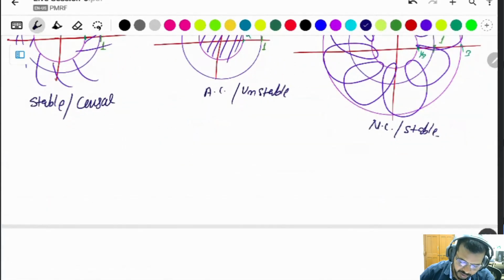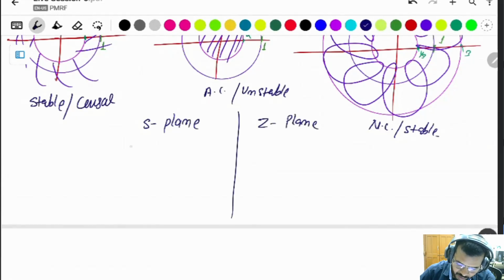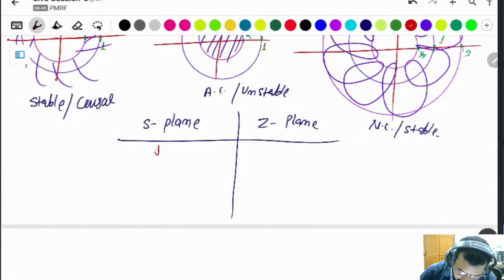If you want to compare the s plane and the z plane, what is the similarity? In the two planes, the j omega axis will be the unit circle in the z plane. This one is the j omega axis. The right half s plane is outside the unit circle.